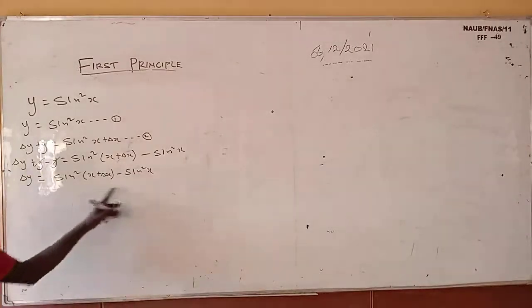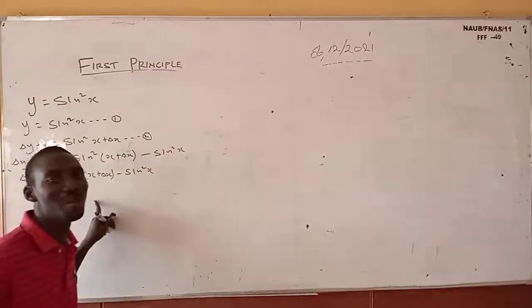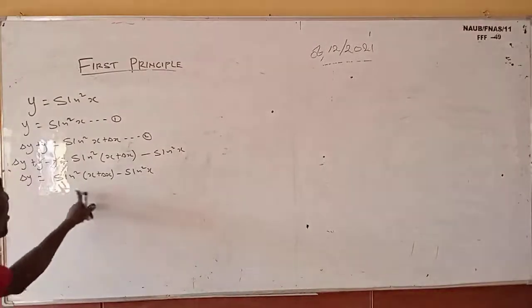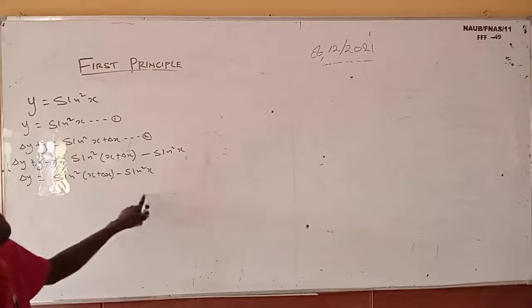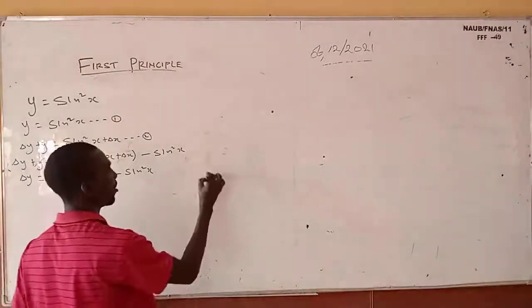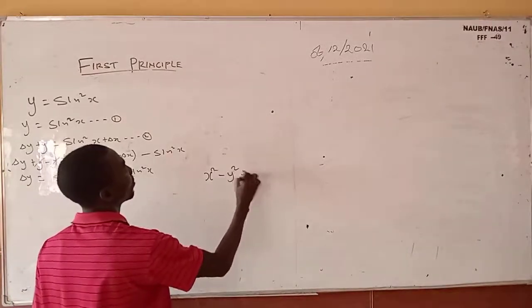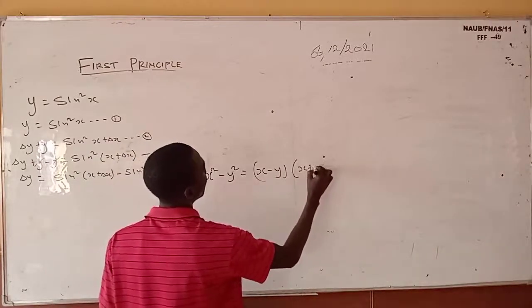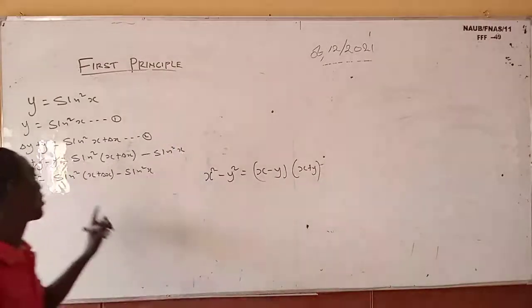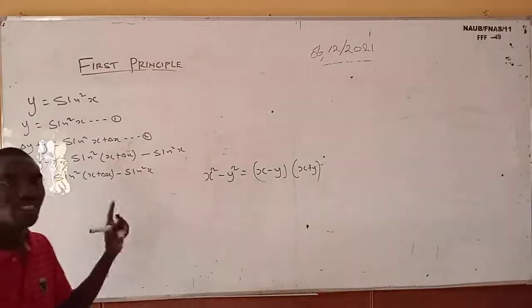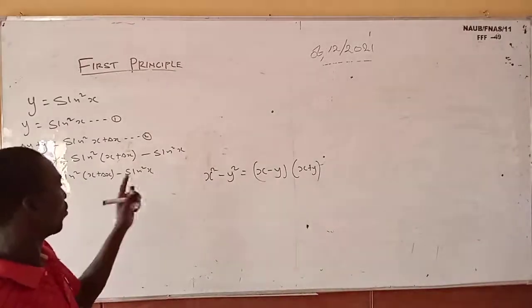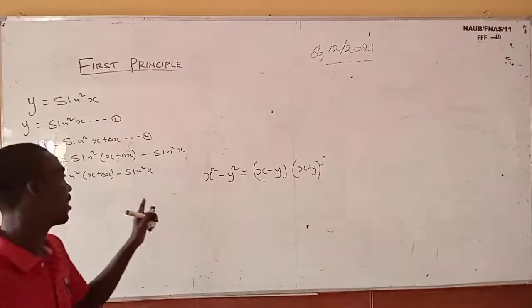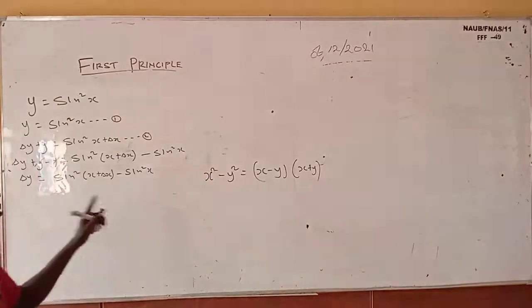But if you look at this, what is this? Can you still remember this? This is nothing but a difference of two squares. We have a squared minus b squared, which is nothing but a minus b times a plus b. Please take note of this. JUPEB students and IGCSE students, you cannot run away from this.